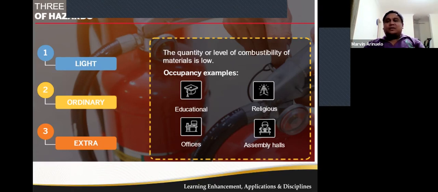Ordinary hazards exist where the combustibles present are substantial in quantity but ordinary in nature, or where there is a small quantity of combustible capable of rapid fire growth. What are examples of ordinary hazard occupancy? Mercantile, storage, display areas, auto showrooms, parking garages, and libraries are considered ordinary hazard.